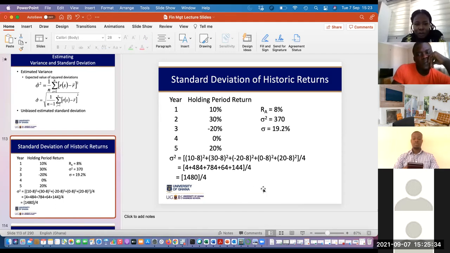So the concept of the standard deviation is look at the deviations from the mean return. When you take this difference, it's the deviation. But the importance of squaring is that if you don't square and you sum the deviations, they usually add to 0 because you have positive and negative deviations. Do you get it? So we square the negatives to make them positive, so that when we sum, we don't get 0.